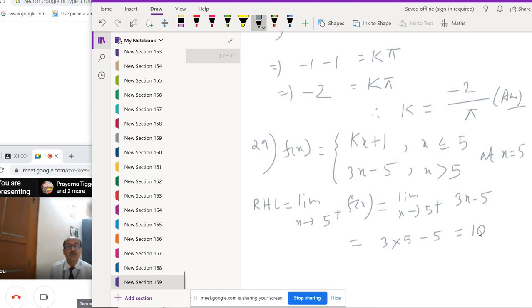So this is the right hand limit value, where x is greater than 5, the function is 3x minus 5 and at x equal to 5, 3 into 5 is 15, 15 minus 5 is 10. So the right hand limit is 10.